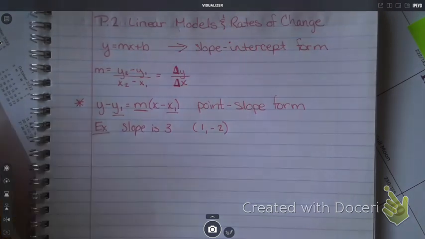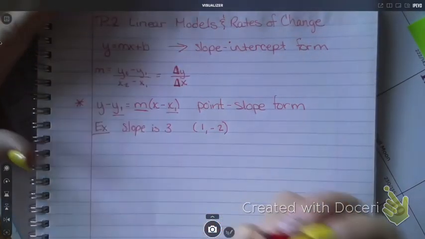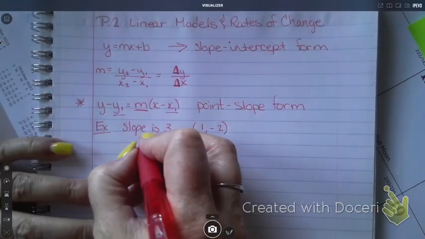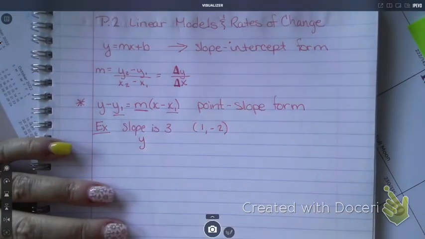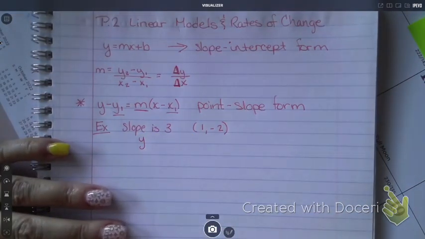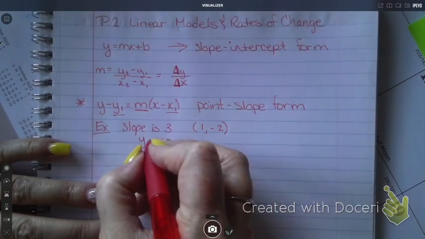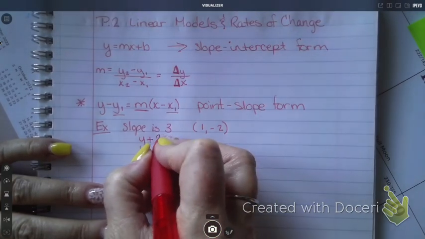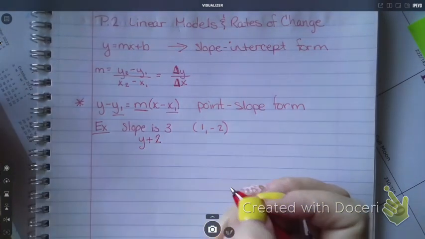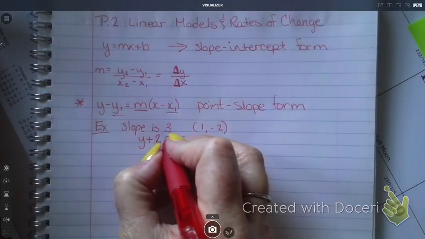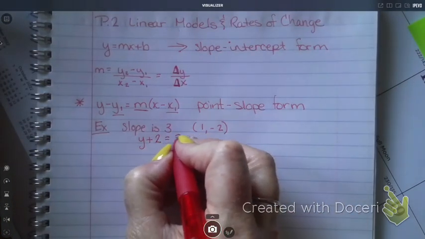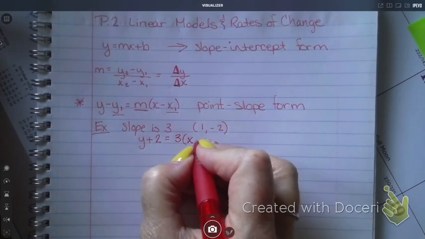Okay, so what do I write down? Y minus -2 equals 3. So y plus 2, I suppose, if you want to be like that, equals 3x minus 3.